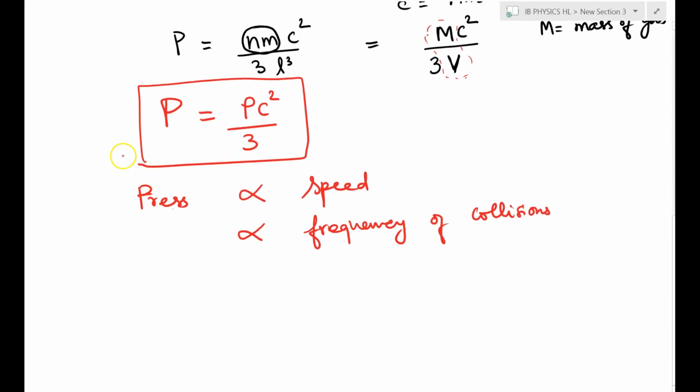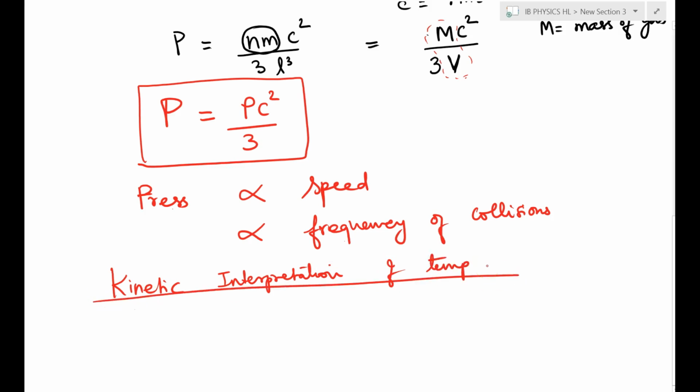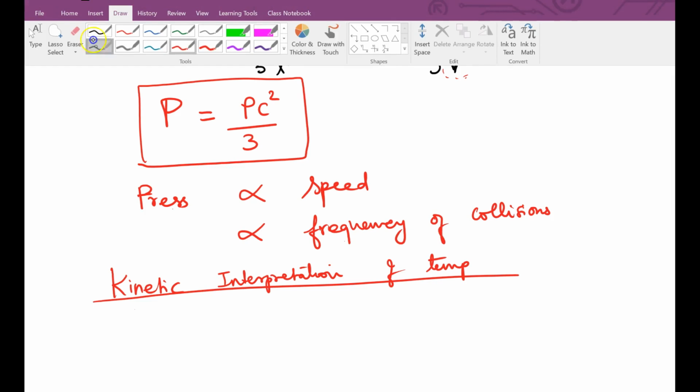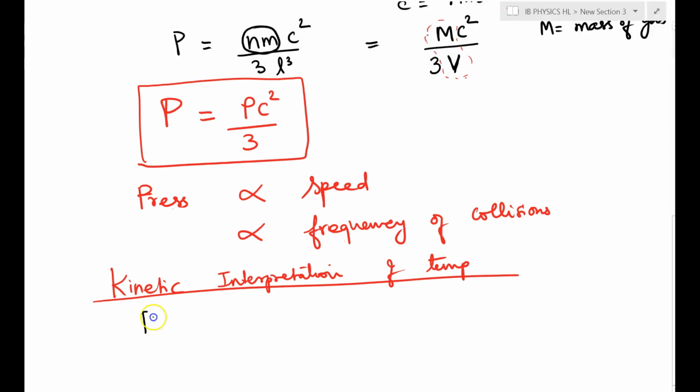So let's do one more thing, which is, how is the kinetic energy of a gas related to its temperature? This is what we call the kinetic interpretation of temperature, which we can prove from what we derived here. So we know that pressure is equal to rho c squared divided by 3.